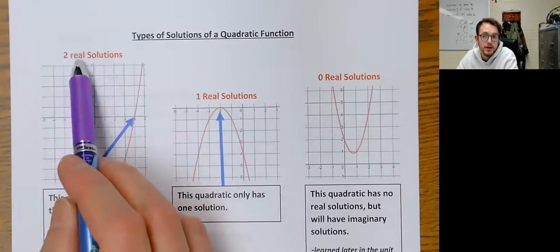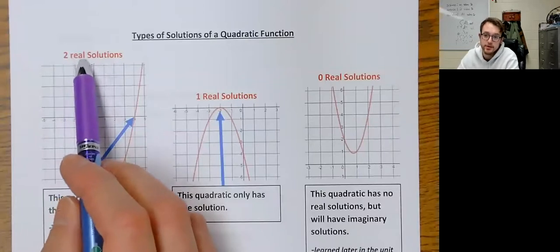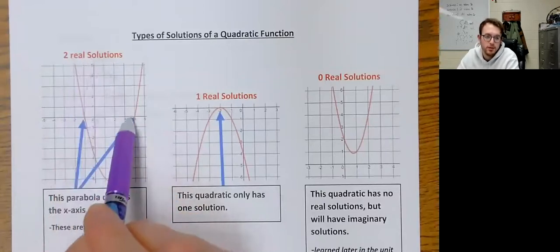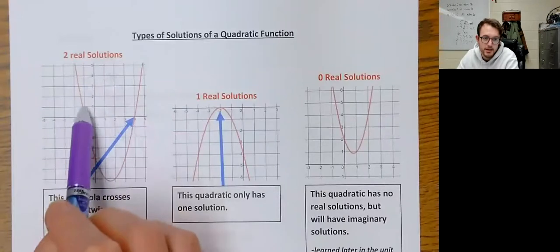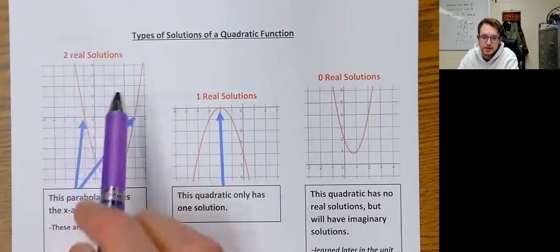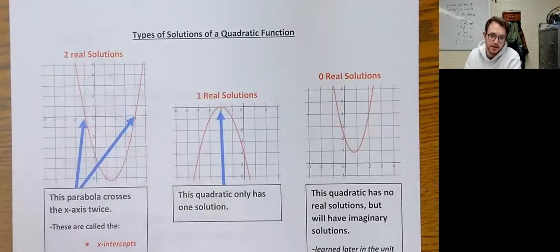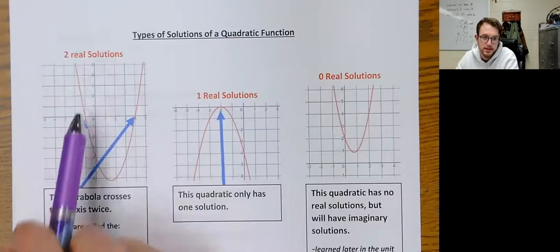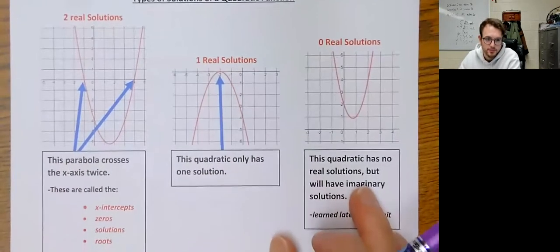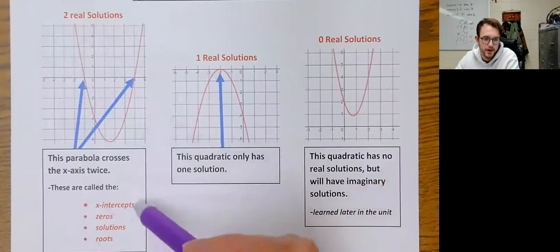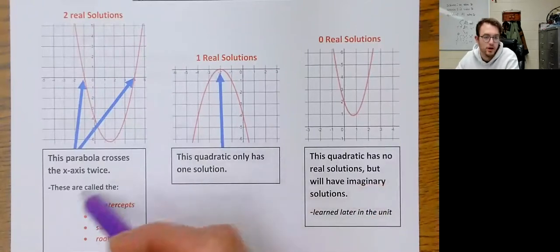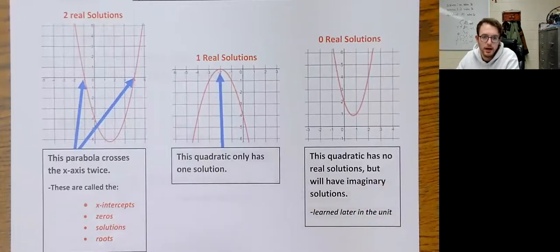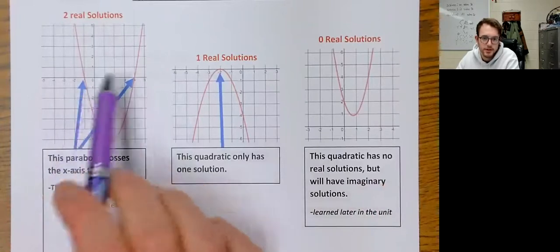If it has an x-intercept, then that is the real solution. It's real, you can see it, it crosses the x-axis. Solutions, x-intercepts, zeros, and roots are all the same thing. So there are two real solutions because there are two x-intercepts.